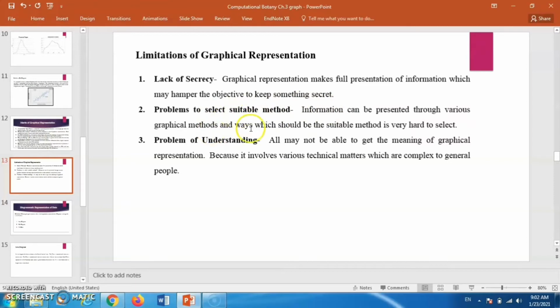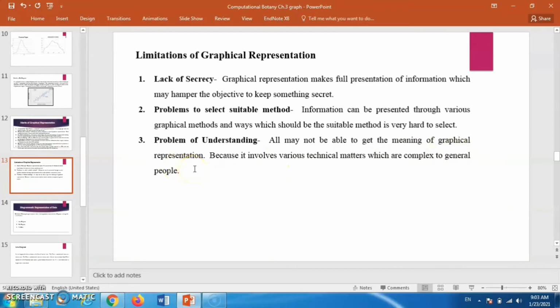Then, problems in selecting a suitable method. Information can be presented through various graphical methods, and which should be the suitable method is very hard to select. Problems of understanding. All may not be able to get the meaning of graphical representation.